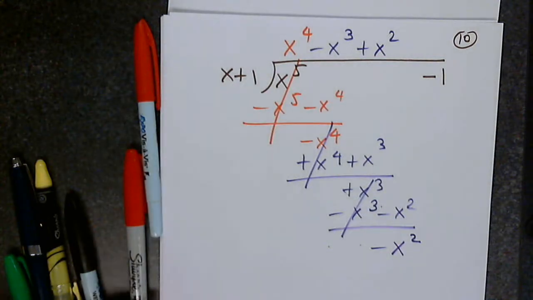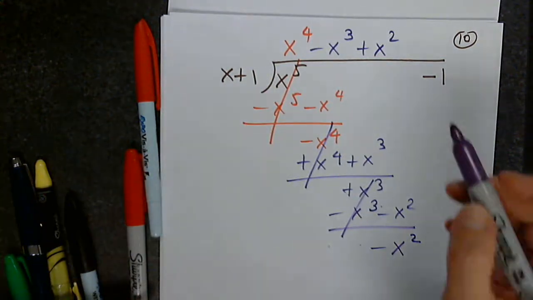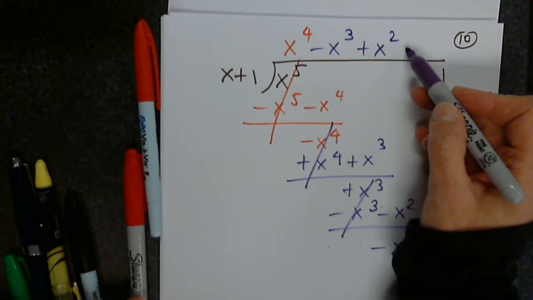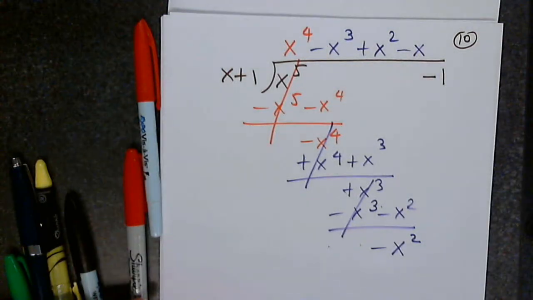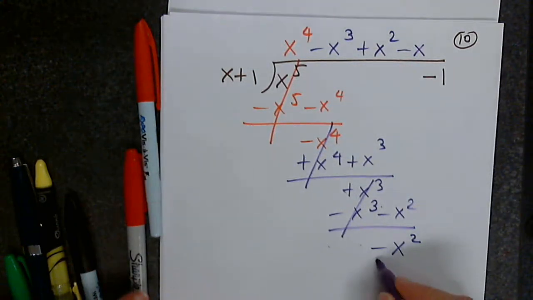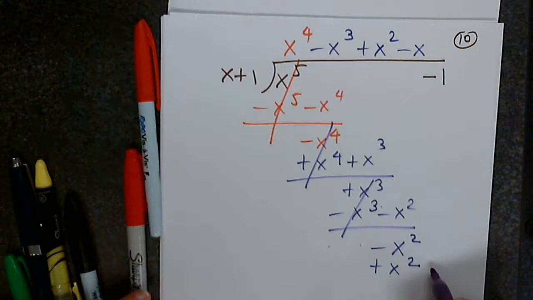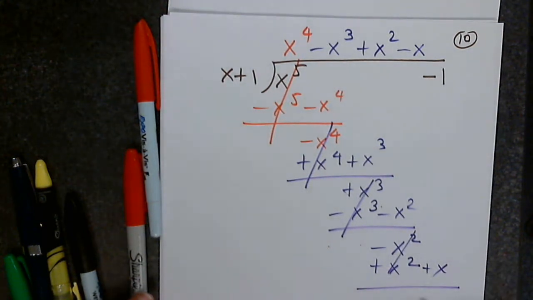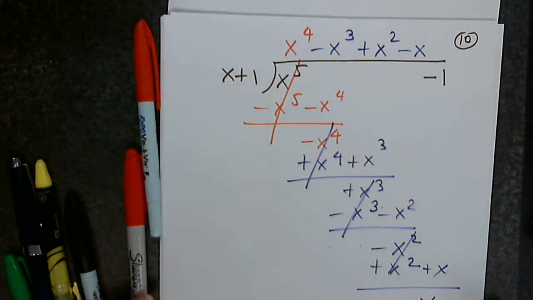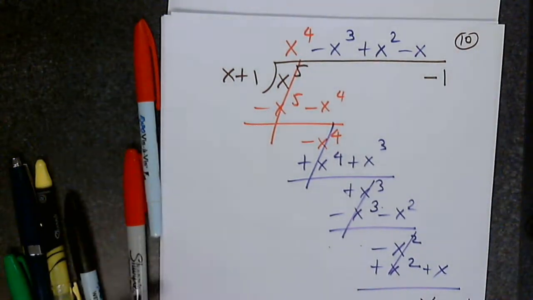X times what is negative x squared? Careful. Very good. Negative x times x is negative x squared plus x squared. Negative x times 1 is negative x, but I have to write plus x. Finally, I bring down x, and I can now bring down negative 1.